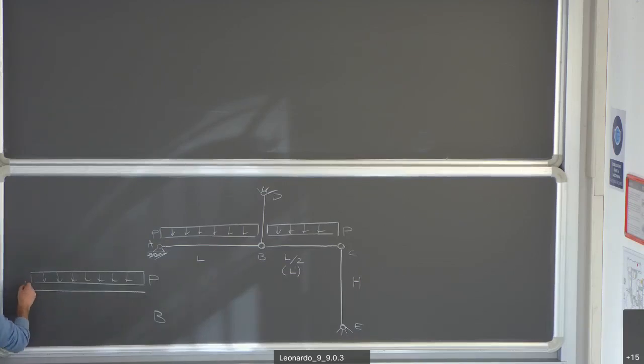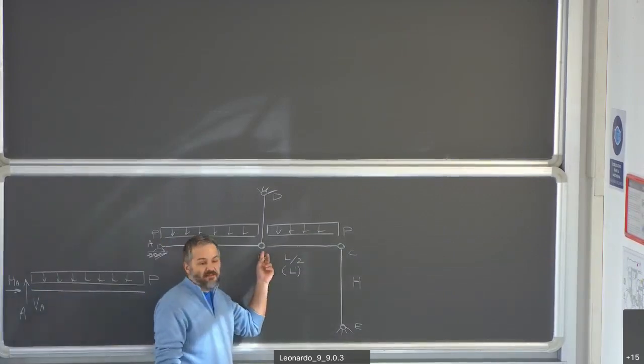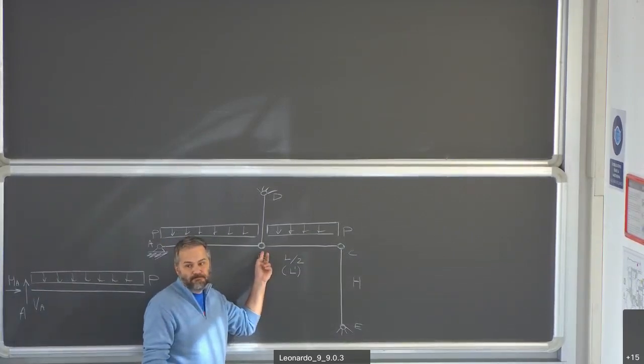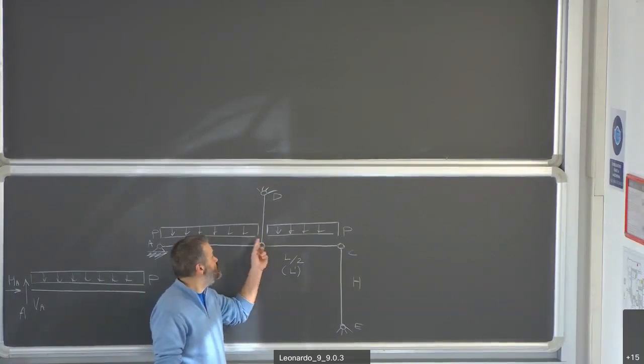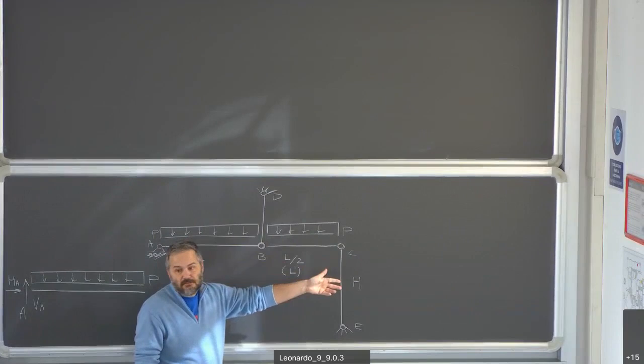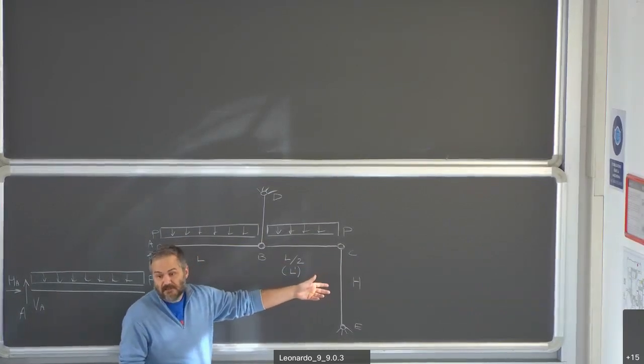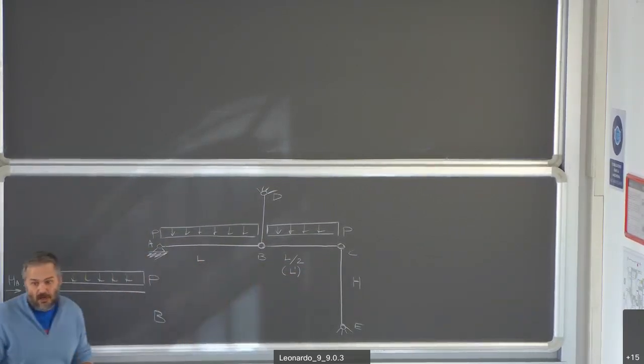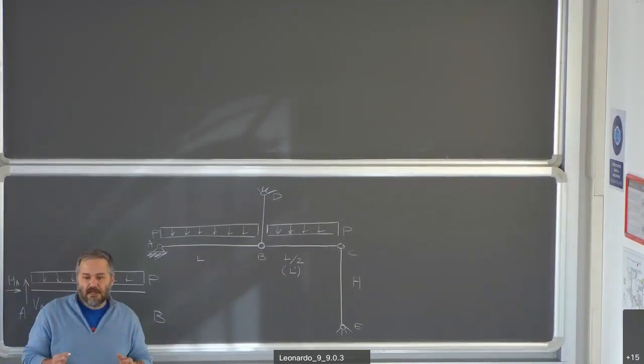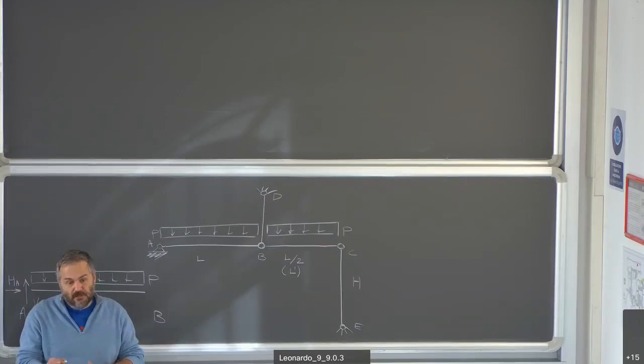So VA, HA. Here we have another hinge, okay? A priori, since it's a hinge fixed to the rest of the structure, I have to assume that it behaves much like the first hinge, because generally speaking, a hinge transmits a horizontal force and a vertical force.